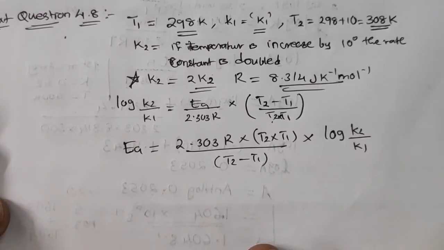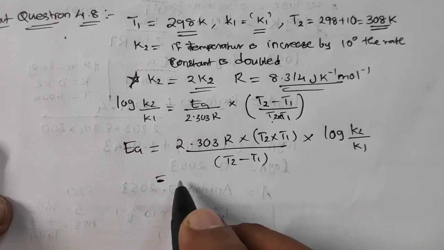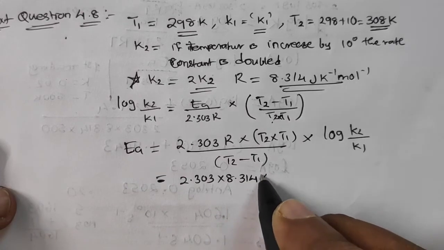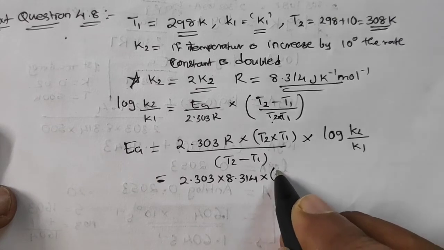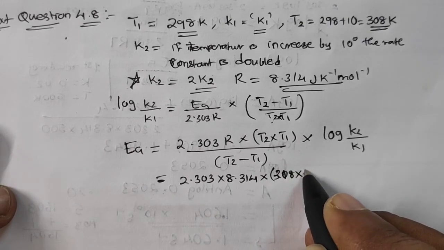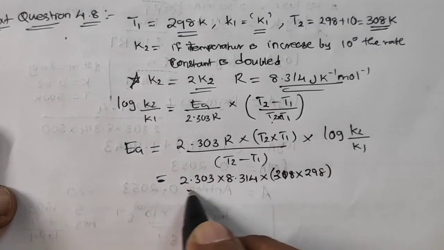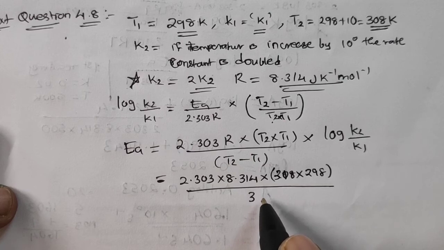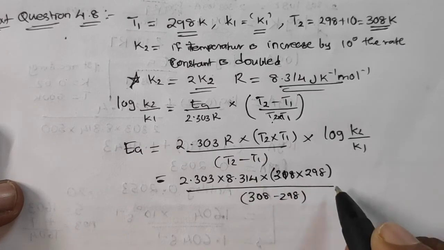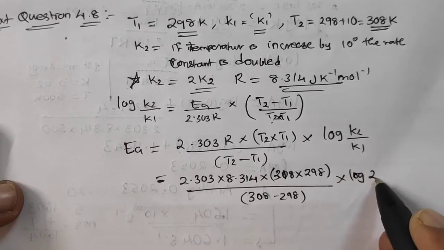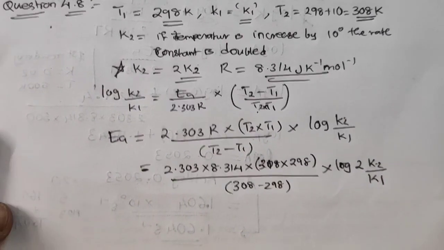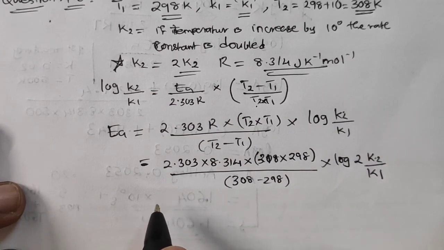Now we simplify the values: 2.303 into 8.314 into 308 multiplied by 298, whole upon T2 minus T1, that is 308 minus 298, into log 2K1 upon K1.